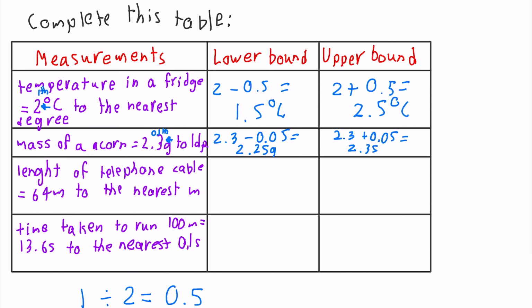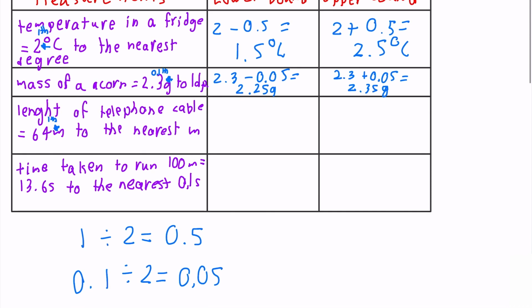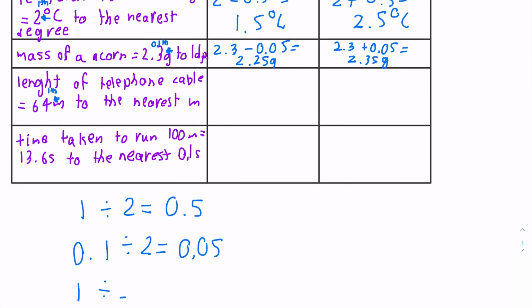What about the third one? Here, gram and gram, don't forget the unit. The length of a telephone cable is 64 meters to the nearest meter. The first digit from the right is the 1s term. So 1 divided by 2 equals 0.5.